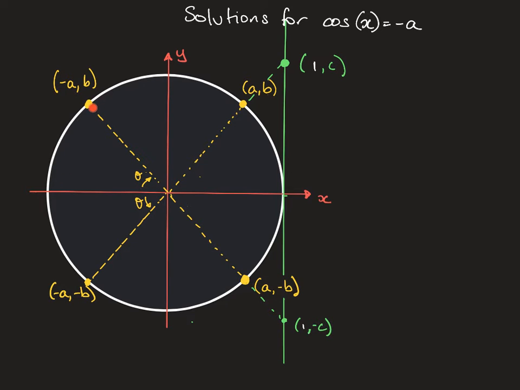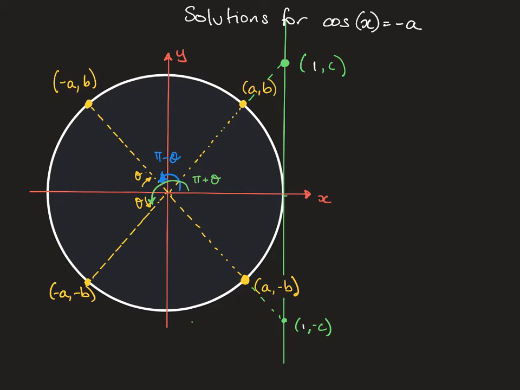And so the angles that we're working with for our solutions for cos of something is equal to minus A are the angle from 0 around to here, which is the angle pi minus theta, or the second angle all the way around to there, which is pi plus theta.